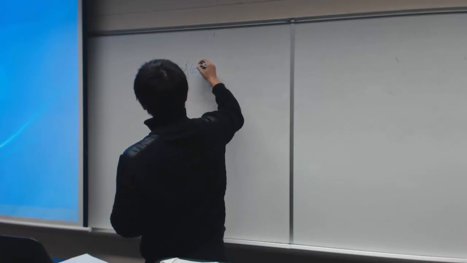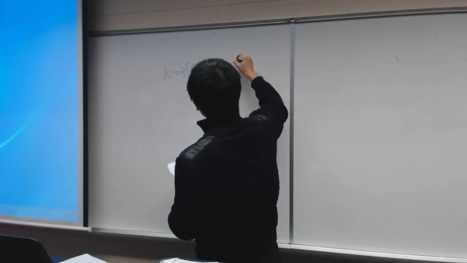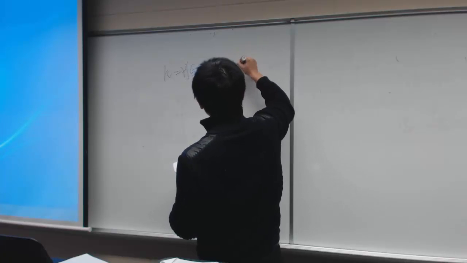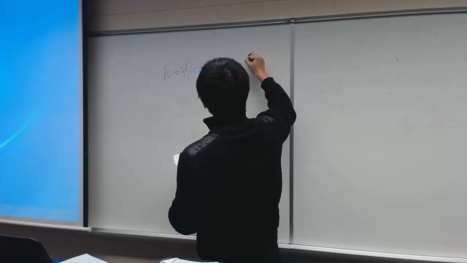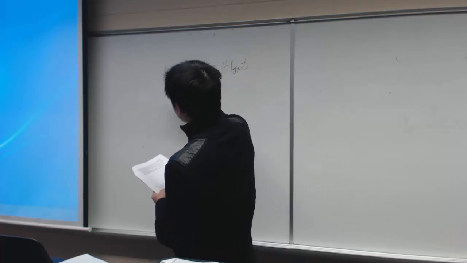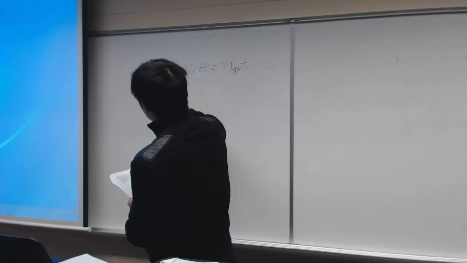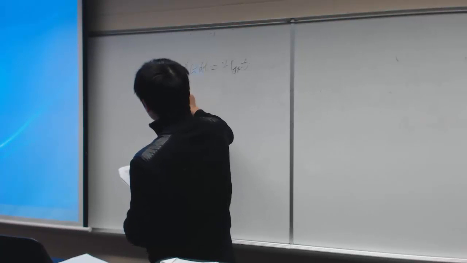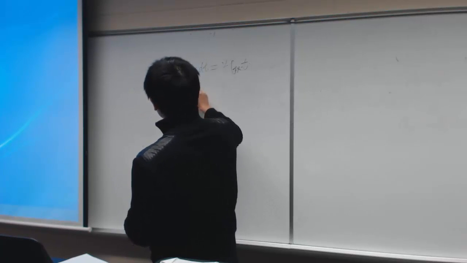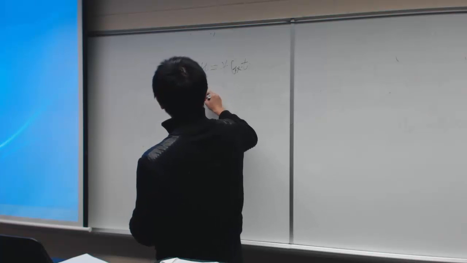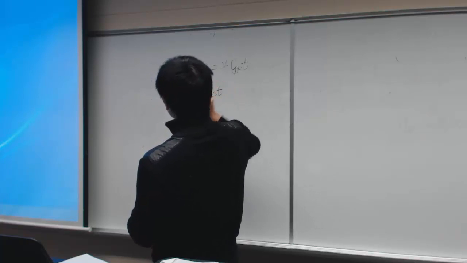The definition is K equals gamma bar G T. So in this case, we have gamma, let's say GX, times T. So this is the definition. So when we use delta K, it is gamma GX delta T, right? So this is the definition of it.